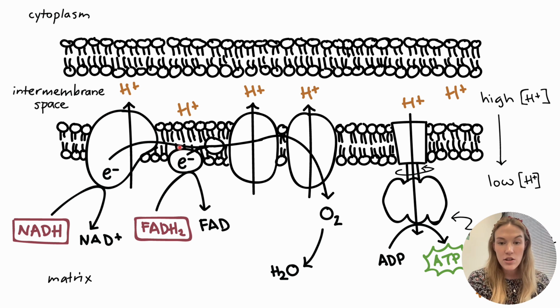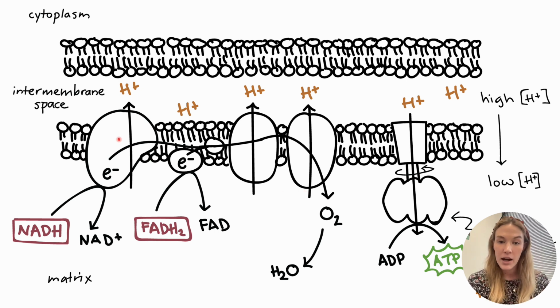Now, once it gets to the fourth complex here, this fourth complex is accepting a low energy electron, and most things don't want a low energy electron. So it has to really want to be reduced. Remember, reduction is accepting an electron, so it has to really want to be reduced because it is a low energy electron that it's accepting, and so we say that this protein complex has a high reduction potential.